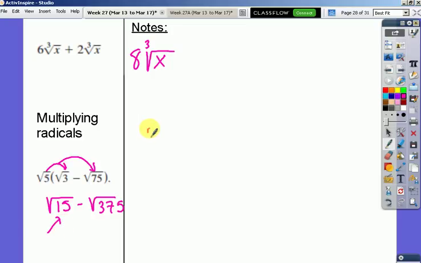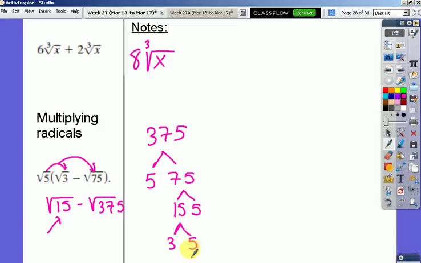So I'm going to look at 375. And I already know that 375, it already gives me some of my factor figures, 5 and 75. So that's 15 and 5. Yeah, 15 and 5. And then that's 3 and 5. So, what do I have here?